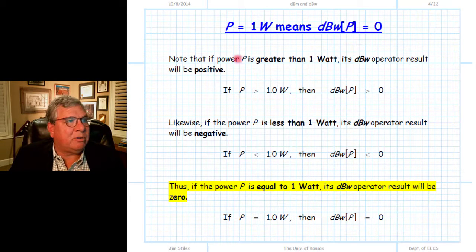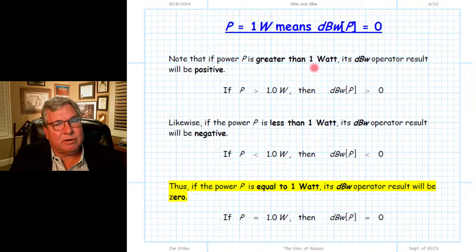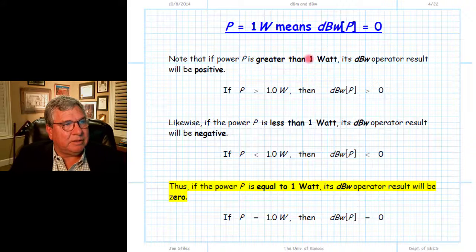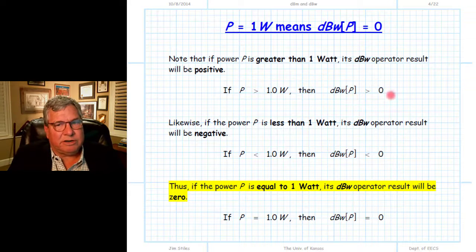Let's say this power P then is a value that's greater than 1 watt. In that case, when we take that power and apply the dBw operator to it, we would find a value which is greater than 0. In other words, a value that's positive. A power greater than 1 watt, when expressed with the dBw operator, provides a value that is greater than 0, a value that's positive.